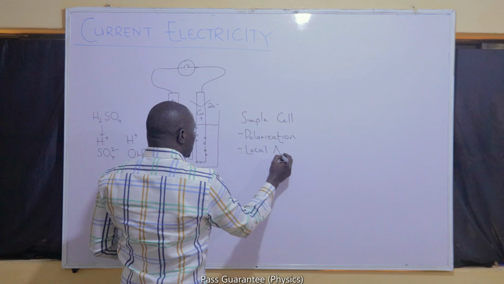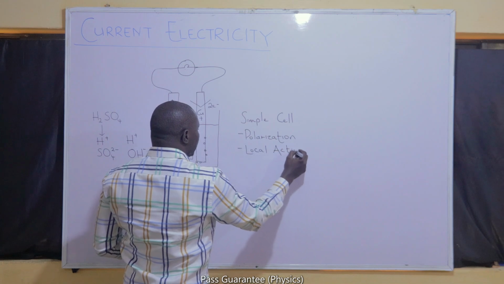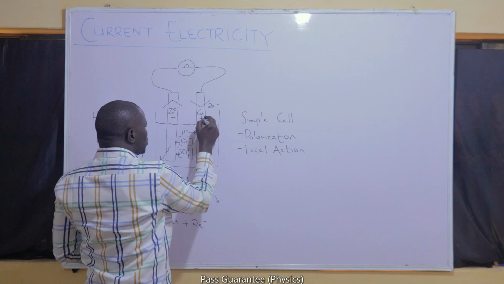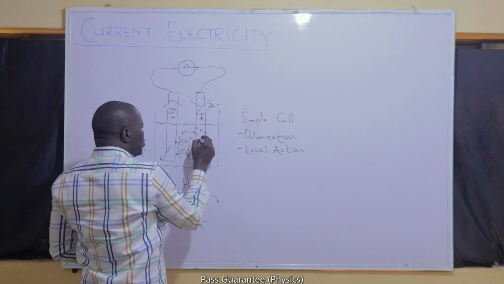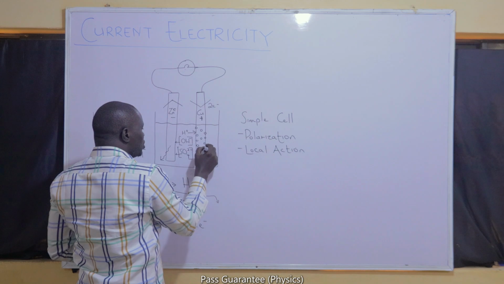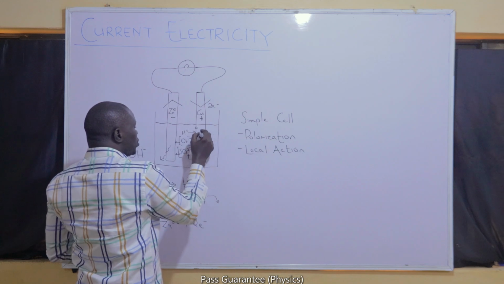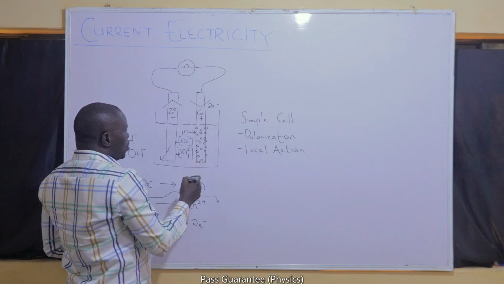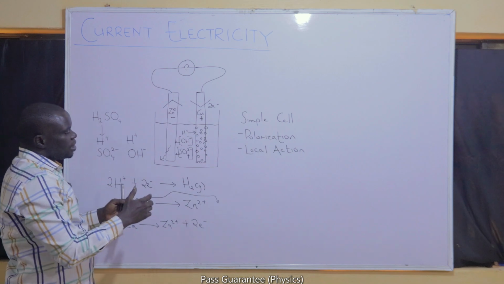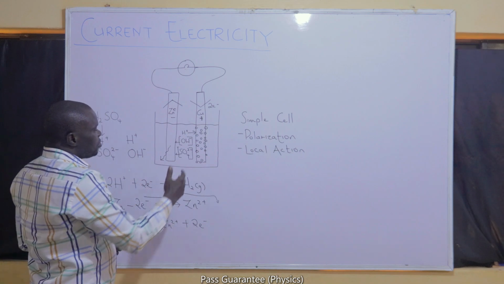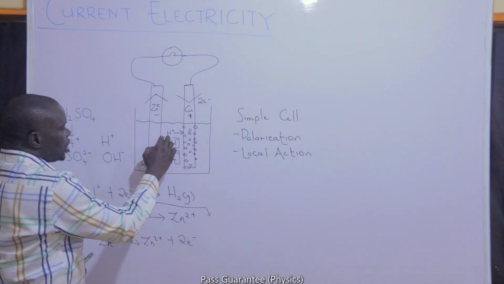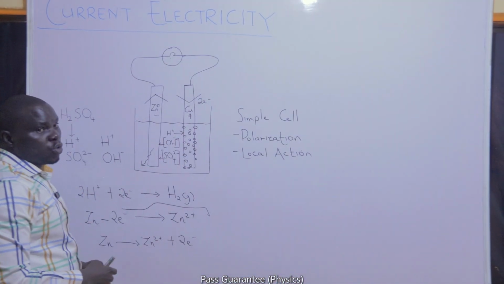Polarization is the effect whereby the copper electrode, or the positive electrode, has had its surface majorly blocked by the hydrogen bubbles that it has produced. Once the major part of the copper electrode is blocked, it prevents proper contact with more hydrogen ions that it is expected to ionize.